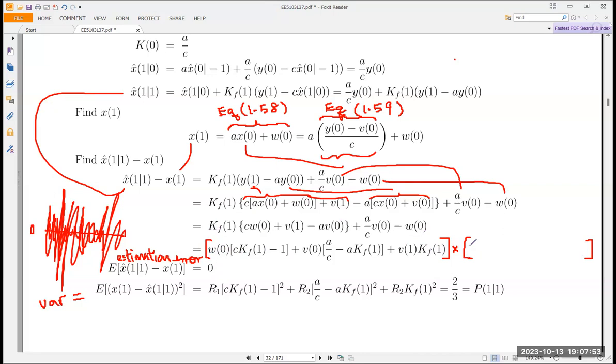All right, you have W0 multiplied by something. Then you have V0 multiplied by something. Then you have V1 multiplied by something. Okay, so you know from maths, you will have to multiply these two square brackets together.